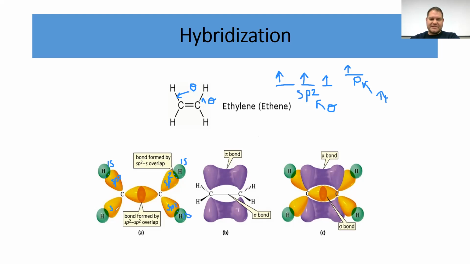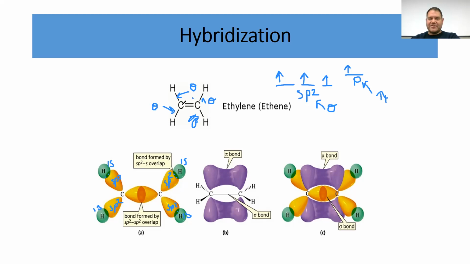This is an sp2, and this is a 1s orbital. Just like so. All of these are going to be sigma bonds. So we essentially have 4 sigma bonds so far. And you can always remember, it's really simple: every single bond is a sigma bond. It has to be head-to-head overlapping.